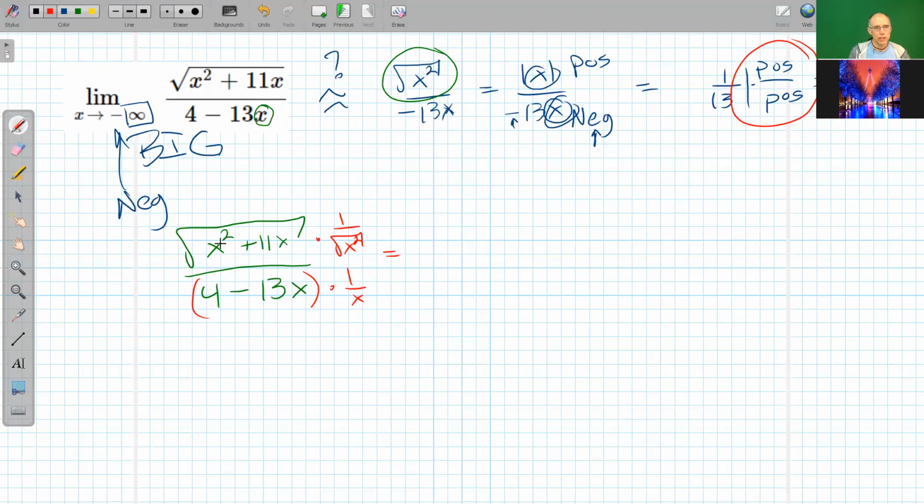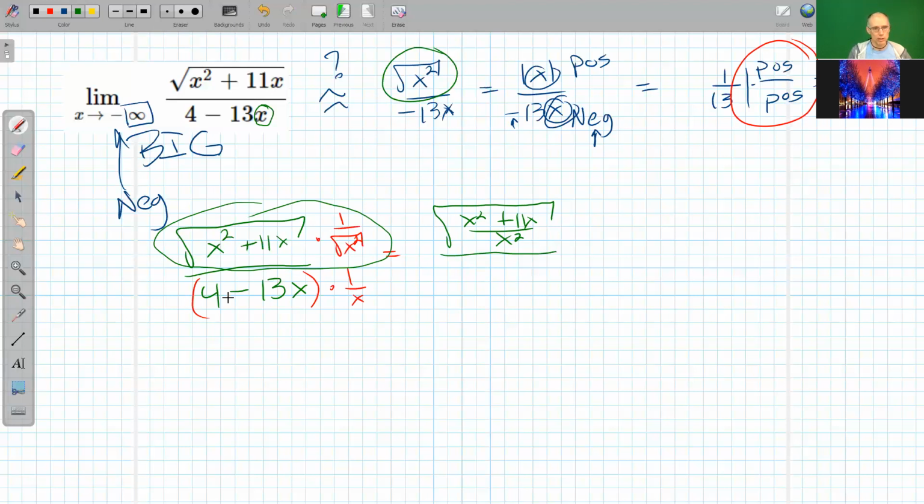That might come in handy. The useful thing in the numerator now is I have a square root divided by a square root, and ignoring the signs for just a moment, I can bring those together. So that's x squared plus 11x over x squared when I bring these two together.